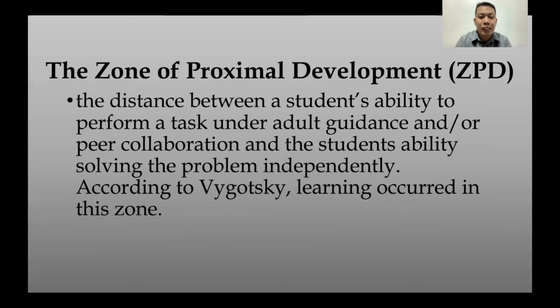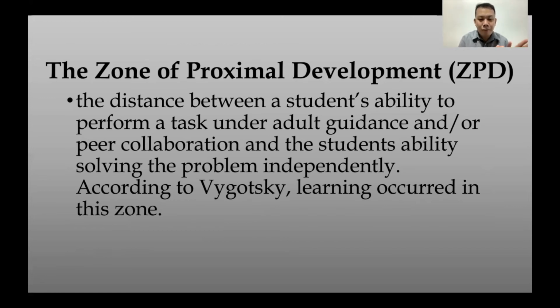Okay, so it is the distance between your learner's ability to perform a task under adult guidance, no, or with the guide of the teacher. And then yung student's ability to solve that independently.